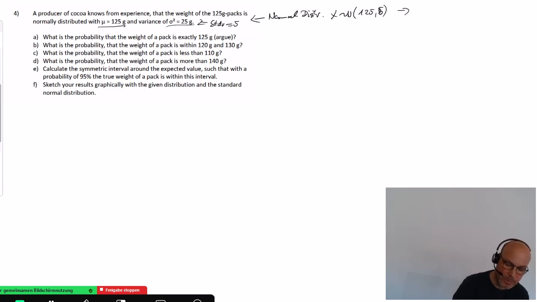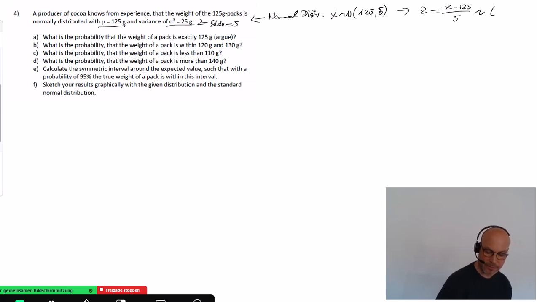This we want to translate into our Z equals now (X minus 125) over 5, and this is then standard normally distributed. What is the probability that the weight of the pack is exactly 125 grams?